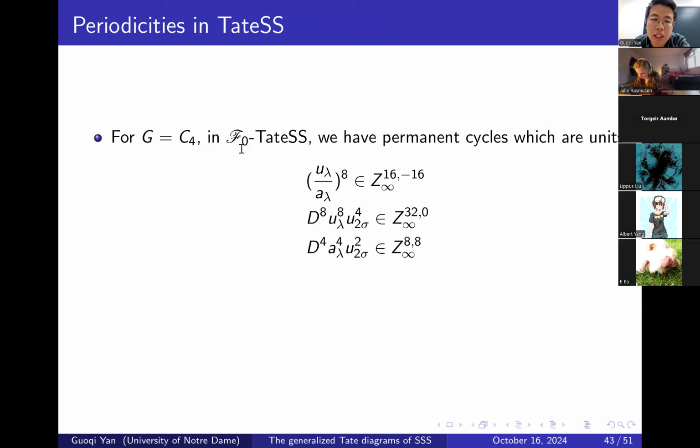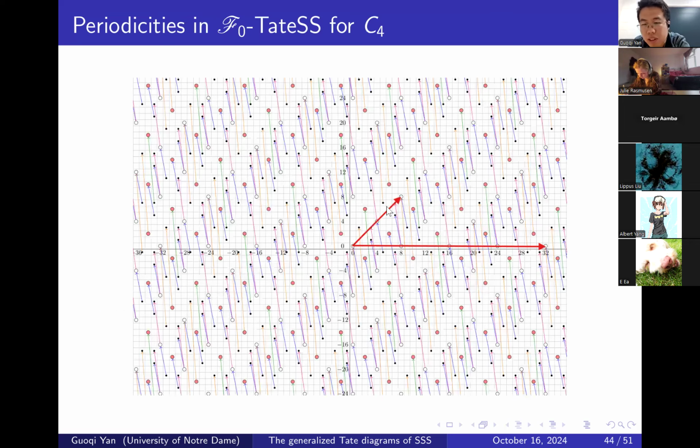And now we can change our family. F_0 is the family with the trivial subgroup. Now we also have enough periodicities. So we can choose these 2 classes to be the periodicity classes: the first class in degree (8, 8), another in degree (32, 0).